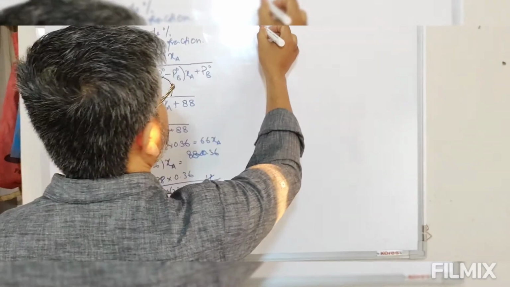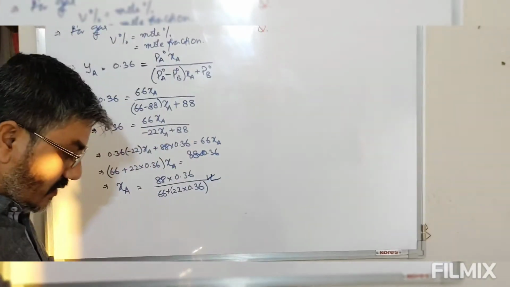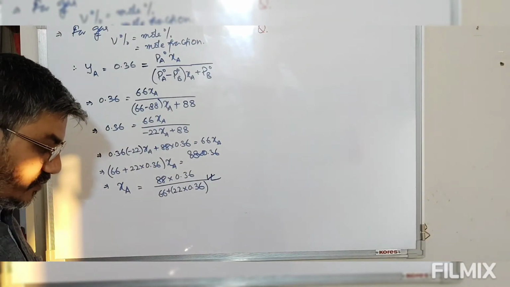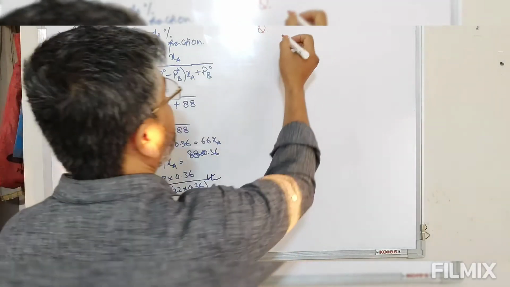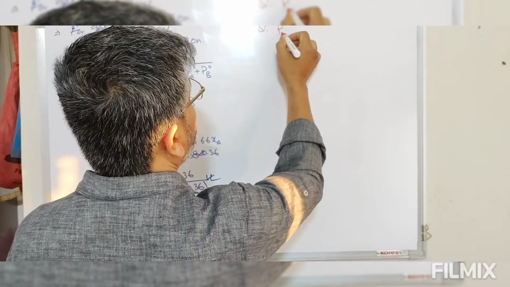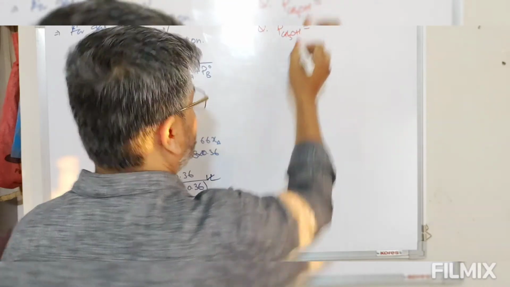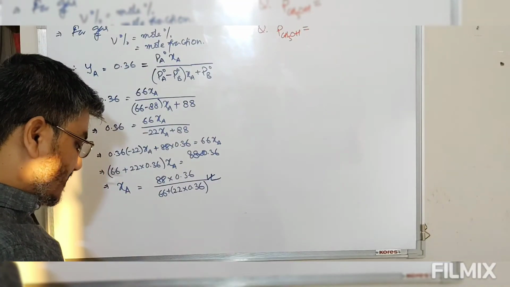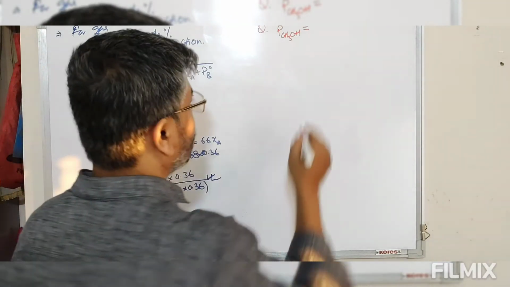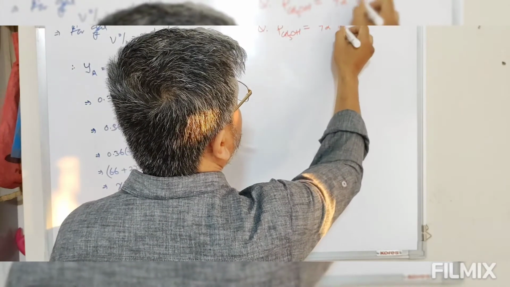Now the question says the vapor pressure of pure methyl alcohol is given as 92 torr.